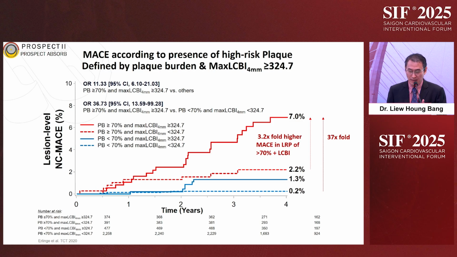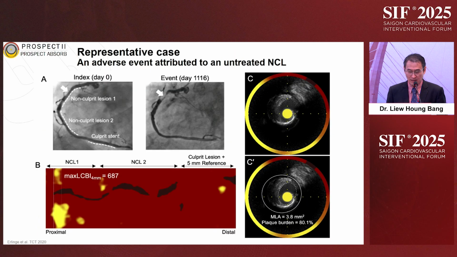That group, compared to those patients who have no high lipid core burden index, is 3-fold higher. When we compare to those patients that have a low-grade plaque and low lipid, it's a 35-fold, 37-fold. Okay? So this is an example of a patient. There's a culprit lesion, and non-culprit lesion 1 and 2, but you can see the LCBI are different. So the segment where the LCBI is high later turned out to have an event.